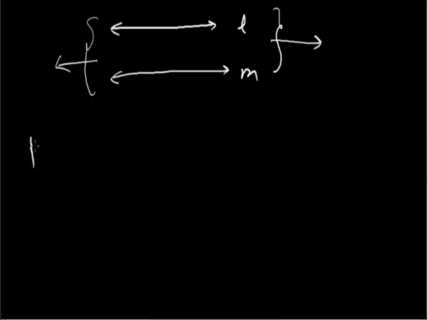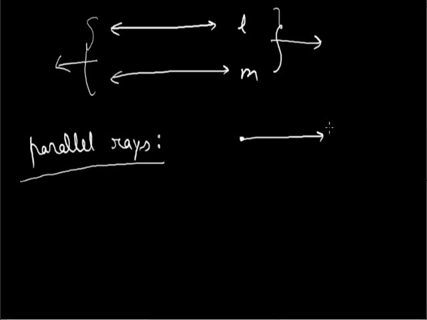Second is parallel rays. Two rays are parallel if the corresponding lines determined by them are parallel. This is first ray A whose terminating point is O, and this is second ray B whose terminating point is O dash.